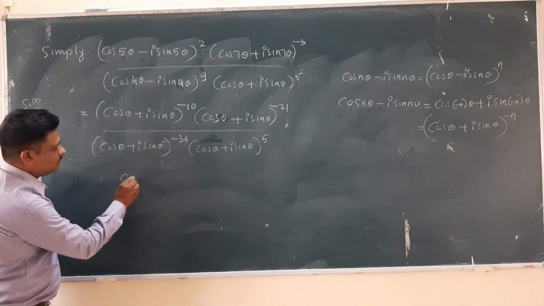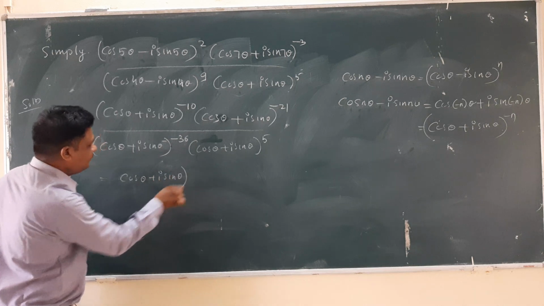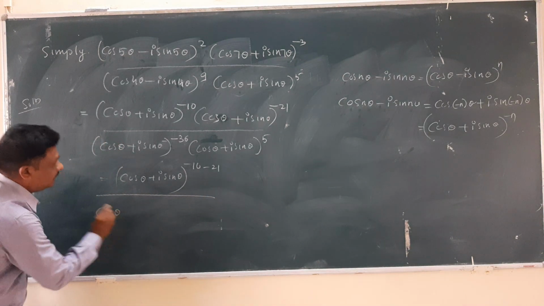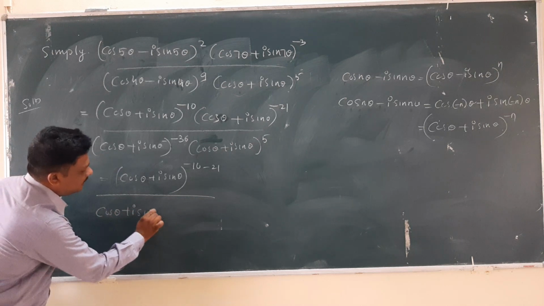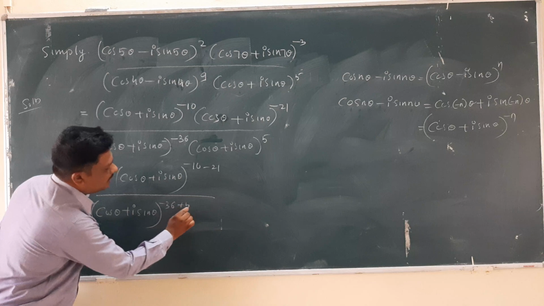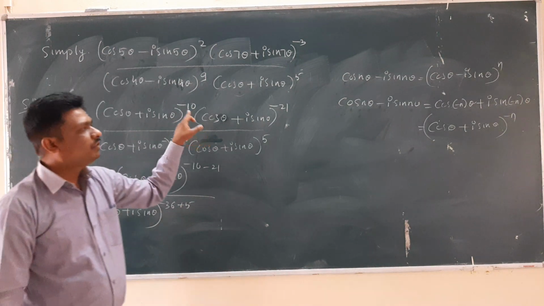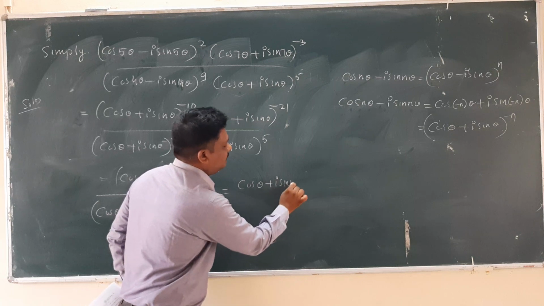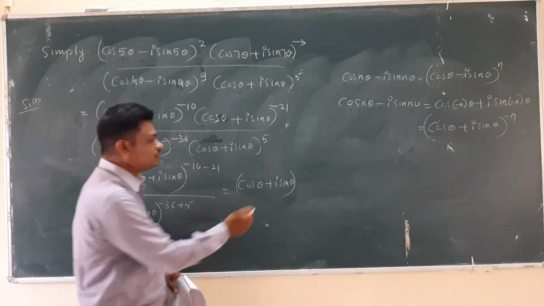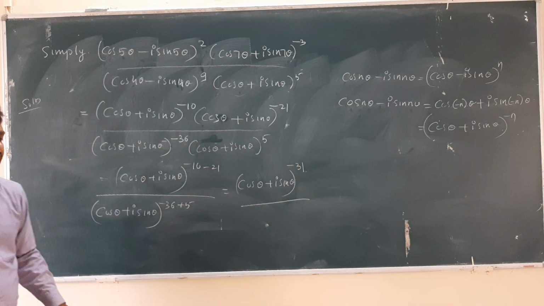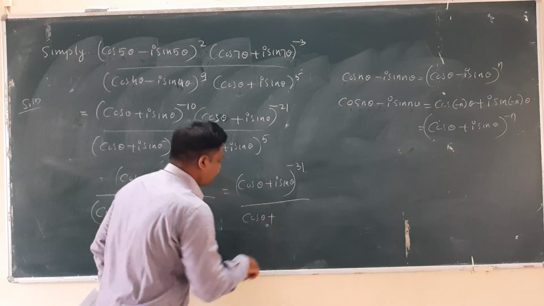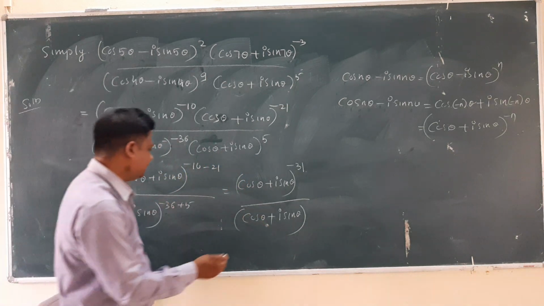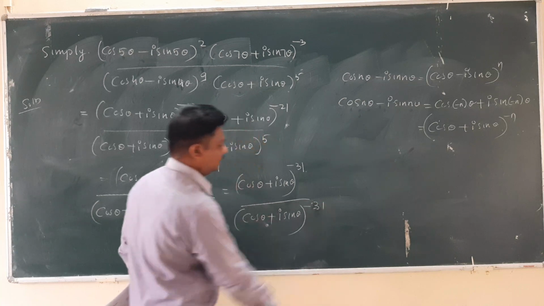So this gives (cos theta plus i sin theta) raised to minus 10 minus 21, which becomes minus 31, whole divided by (cos theta plus i sin theta) raised to minus 36 plus 5, which is minus 31.